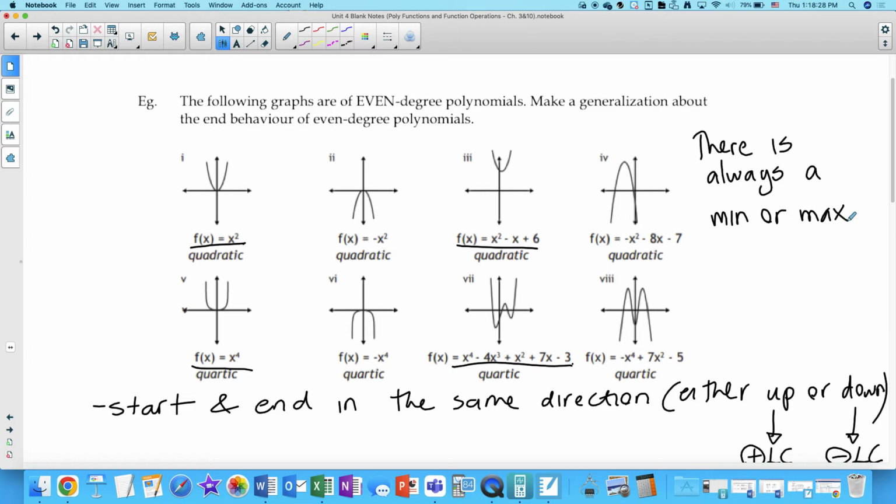For example, in this function over here, this point is the absolute min. That's the lowest that it goes. But when you get these bumps along the way, we can also talk about something called a local minimum or a local maximum. A local minimum or local maximum is essentially locally, close to the point.